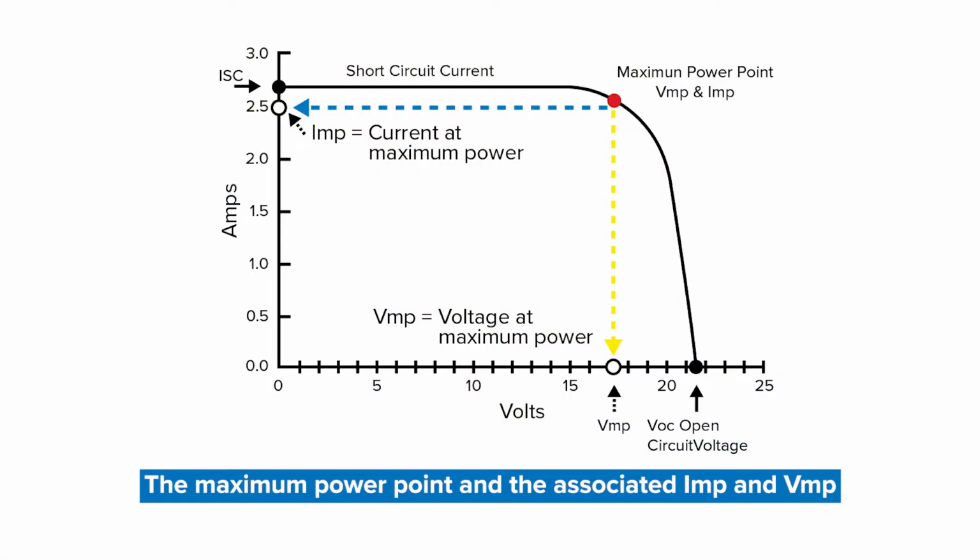As we mentioned, these 3 points, the maximum power, the voltage at maximum power, and the current at maximum power, are all based on this maximum power point. This means they should all be in a voltage and a current so that it gives you the power.